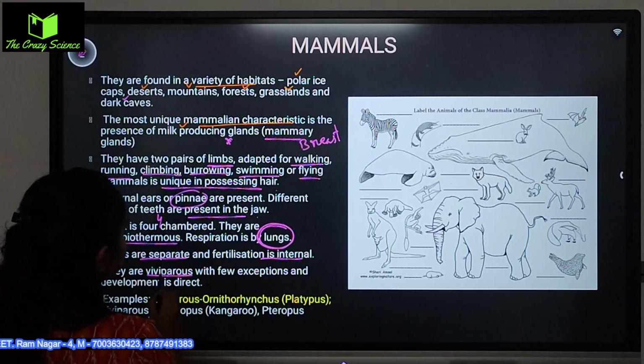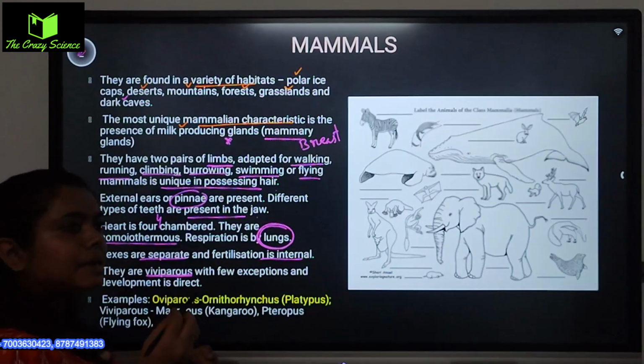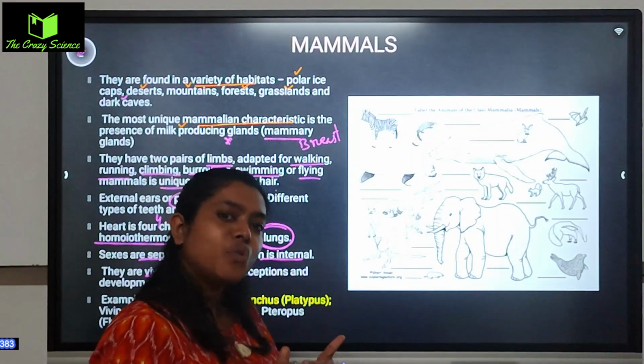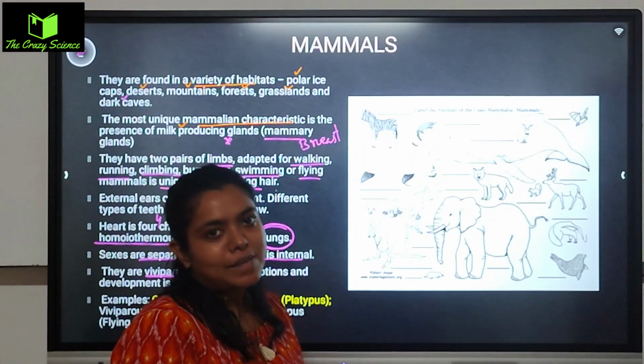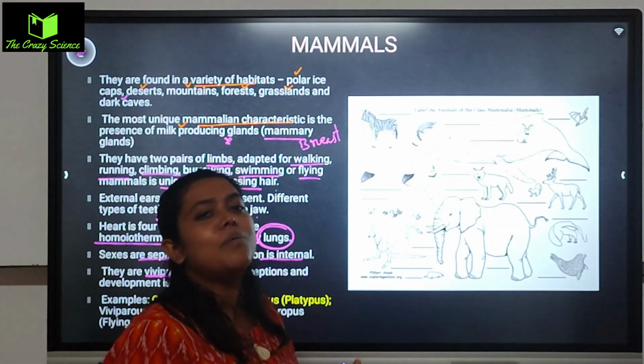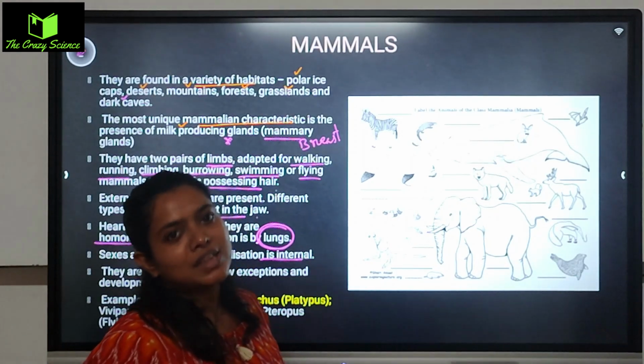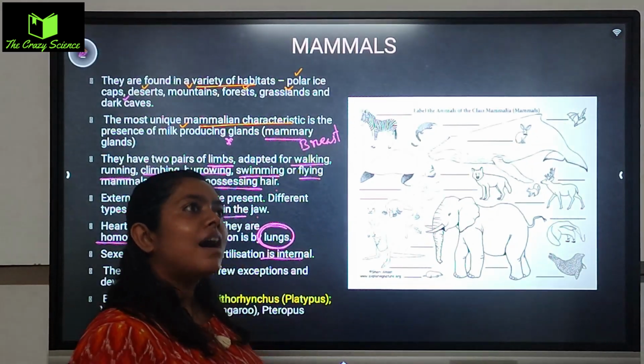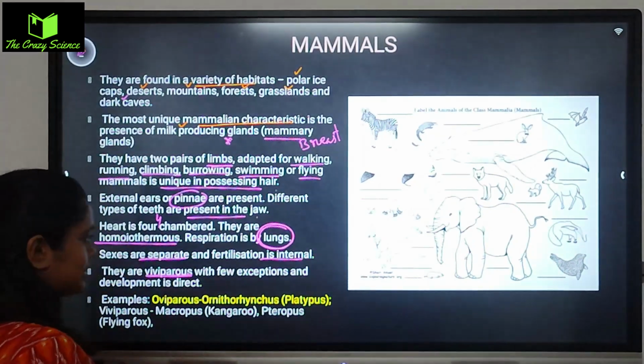Viviparous means the mother carries the particular organism in her womb for a certain period of time. In humans it is about 9 months maximum, and in other animals it varies.